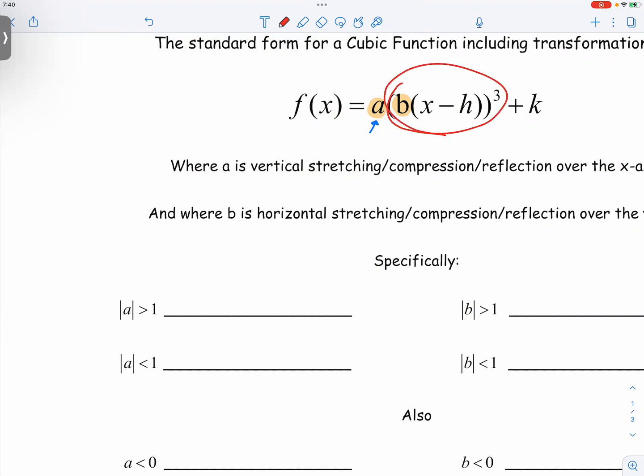And let's settle this once and for all. If you were feeling some challenging moments in telling all these transformations, this is the cubic function. And anything that's happening within that cube, it's the horizontal changes. Anything that happens outside will directly deal with the y values, the vertical side of it.